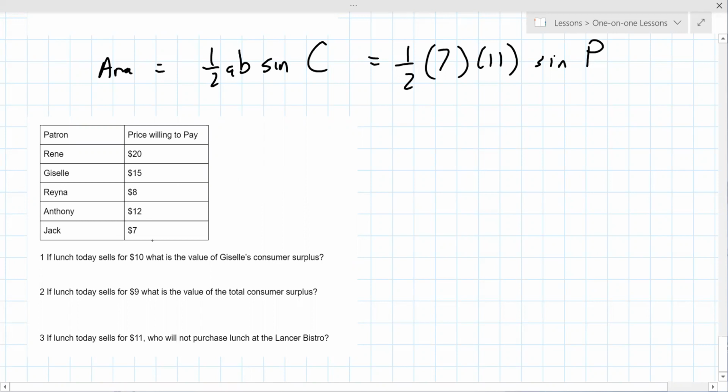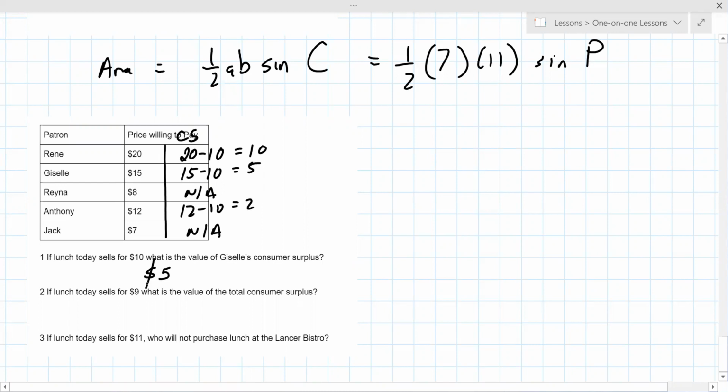So that's the first thing here. Because lunch is a fixed amount, the consumer surplus is 20 minus 10, which is 10. 15 minus 10, which is 5. This one's not applicable. 12 minus 10, which is 2. And not applicable for Jack. So Giselle's consumer surplus is $5.